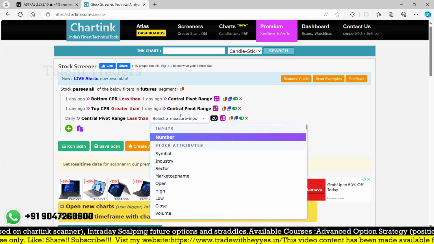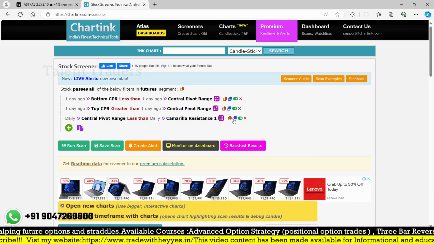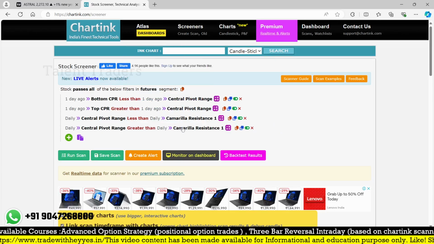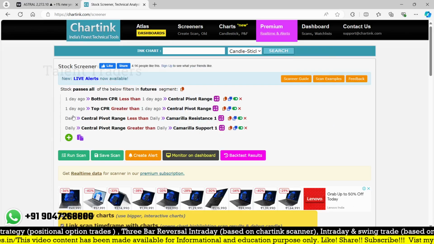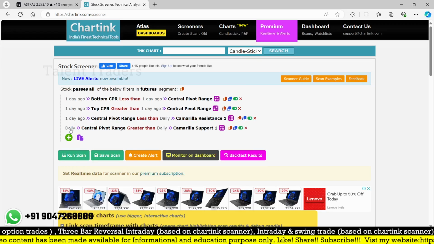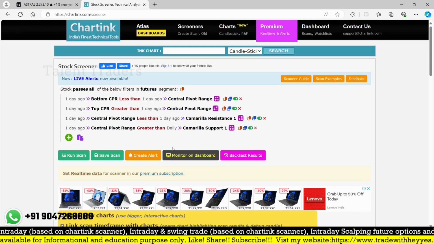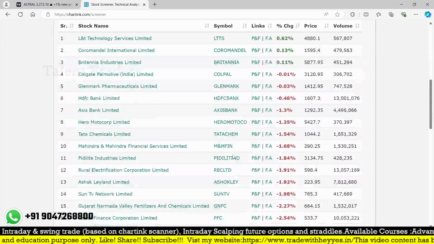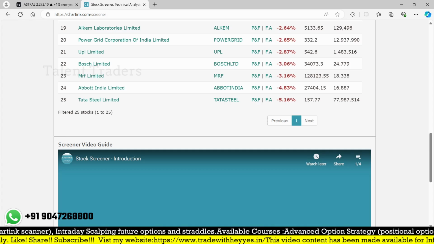We are using a Camarilla function. Camarilla resistance one, and the same we can copy and greater than, and Camarilla support one. So we'll use 1 day ago. It will tell you the exact day, and if you are using daily, that will be showing you for tomorrow. Okay, this will help us to find stocks. So almost 25 stocks are filtered by this scanner.